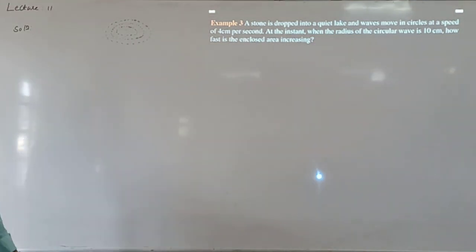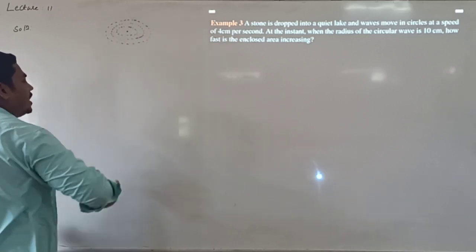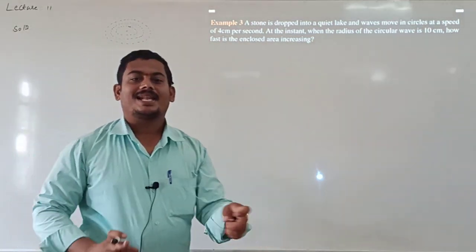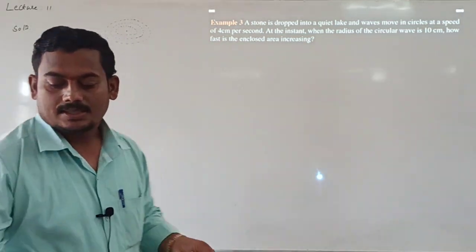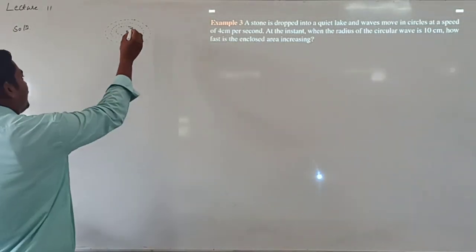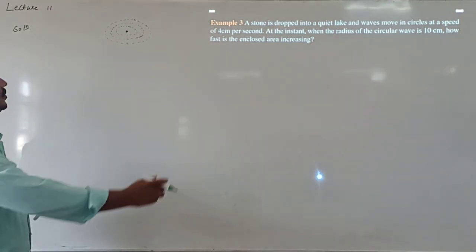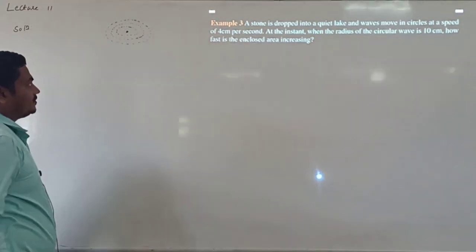This is our stone, and assume that this board itself is a lake. If you drop a stone on the lake, waves are moving in circles.